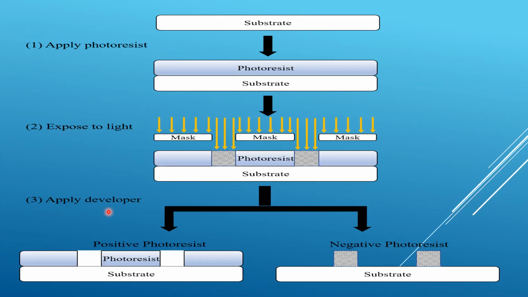So in the first step, what do we have to do? First and foremost, what you need to do while doing photolithography is choose the substrate. Substrate is also called a wafer, W-A-F-E-R.